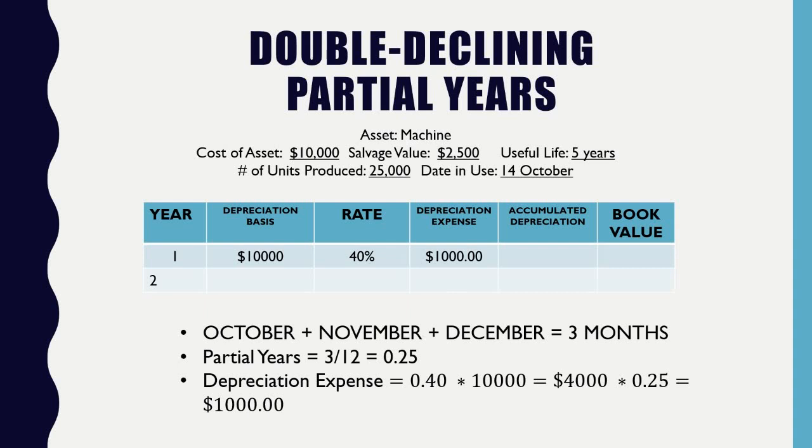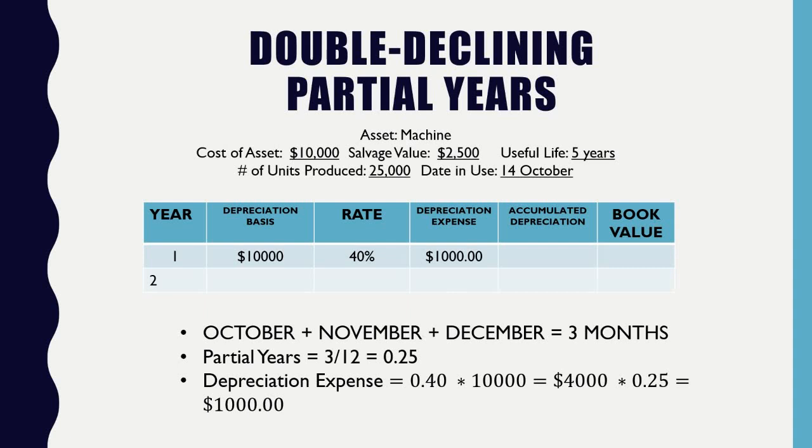So you're going to do your depreciation basis of 10,000 multiplied by 0.4, which is the percentage, right? Then you're going to multiply by 3 and divide the whole thing by 12. That's the same exact answer you're going to get, $1,000.